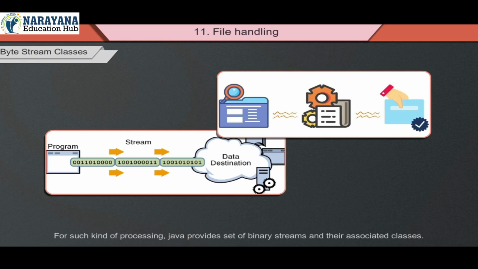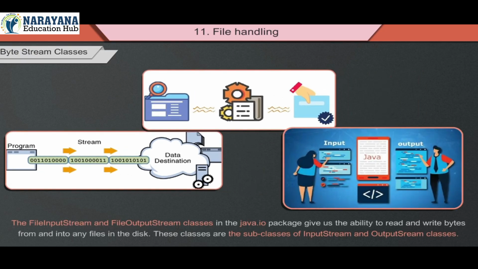For such kind of processing, Java provides a set of binary streams and their associated classes. The FileInputStream and FileOutputStream classes in the java.io package give us the ability to read and write bytes from and into any files in the disk. These classes are the subclasses of InputStream and OutputStream classes.